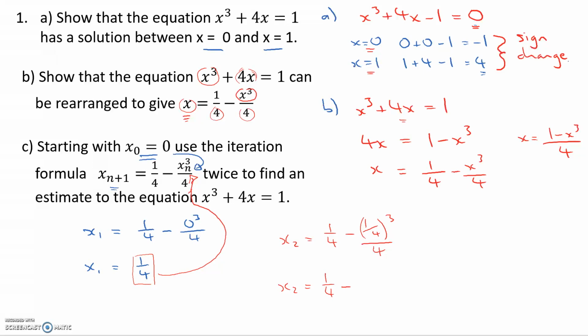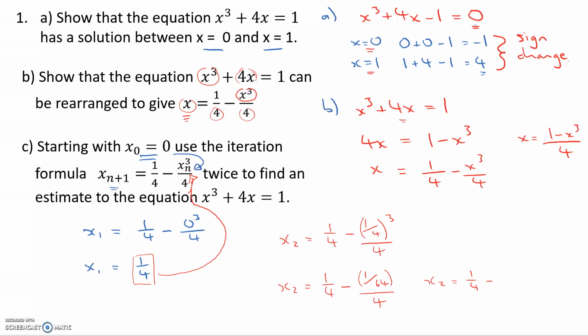Okay, so I could cube the top, that's 1, I could cube the bottom, 4 times 4 times 4, that's 64. And we've got all of that over 4. Okay, got to know how to deal with these. So that's going to give me x2 equals a quarter, subtract, now a 64th, if I then divide that by 4 again, that's going to make that 1/64 4 times smaller.